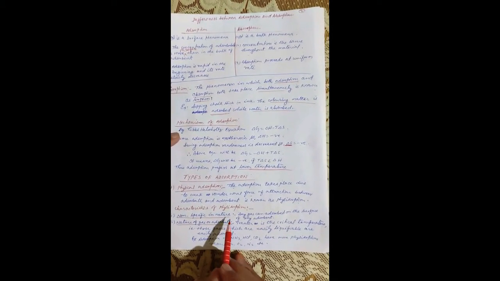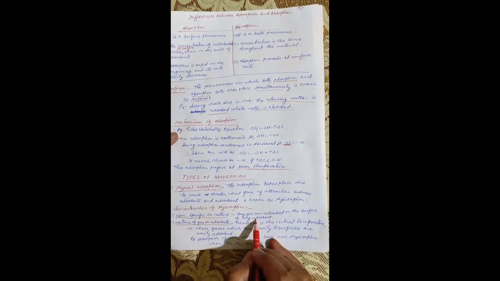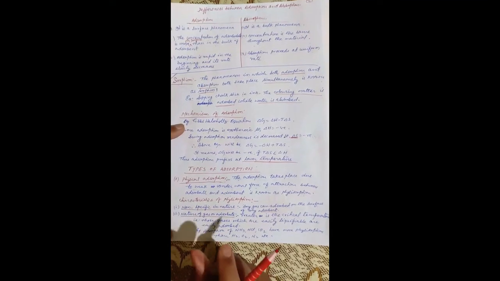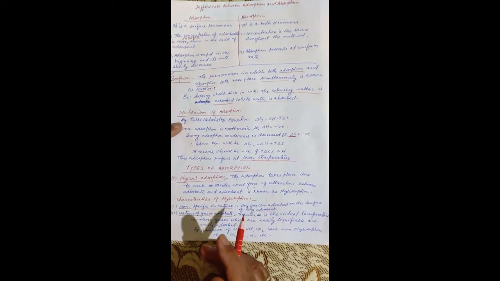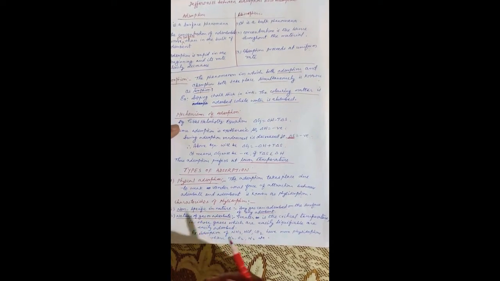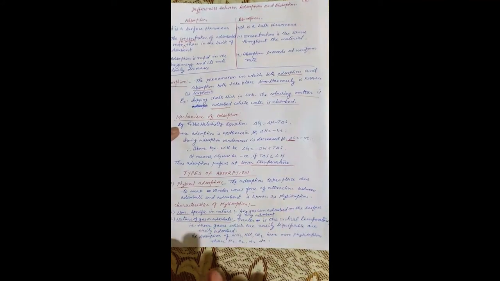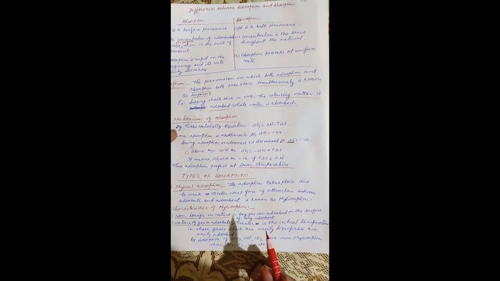It means any gas can adsorb on the surface of any adsorbent, because there is weak van der Waals force of attraction between adsorbate and adsorbent. So any gas can be adsorbed on the surface of any adsorbent. So it is not highly specific, it is non-specific in nature.